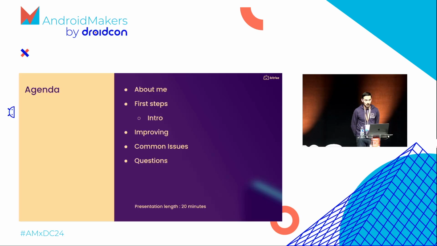After that, we are going to look at how you can improve your caching setup. We are going to look at a real-life example for this. And based on that as well, we are going to expand our view a bit and look at all the different common issues that can come up.